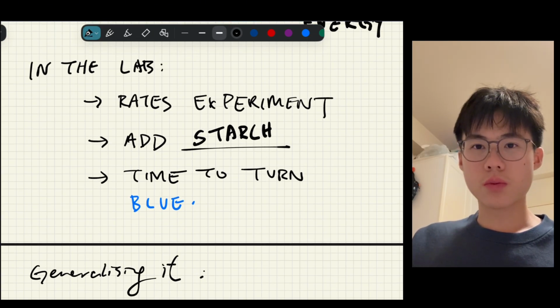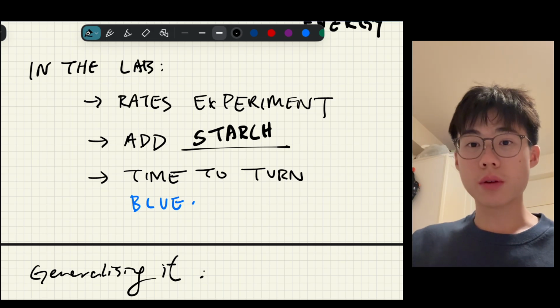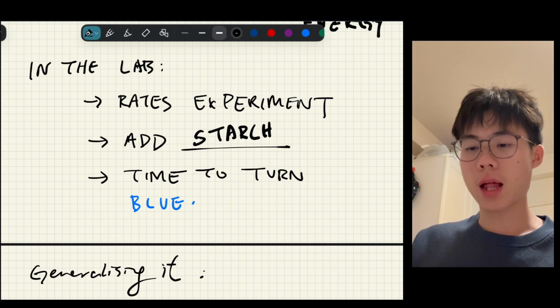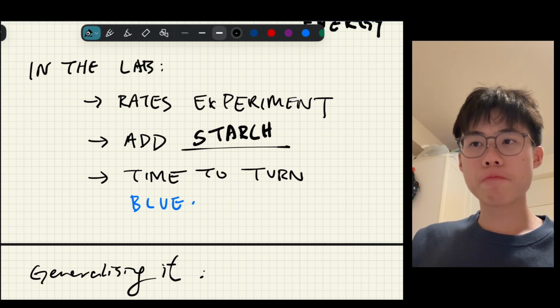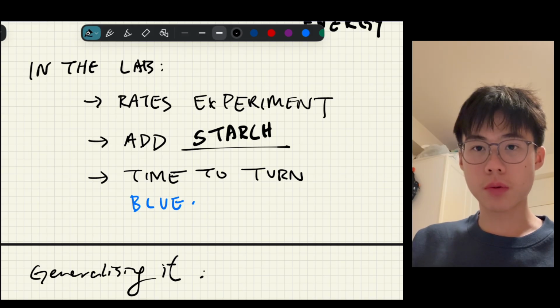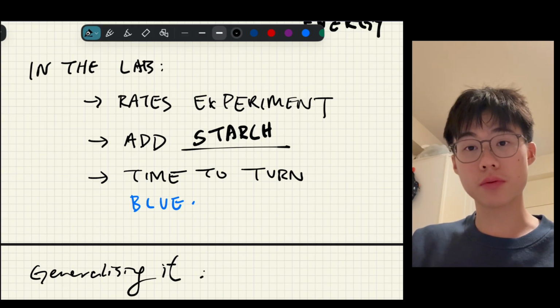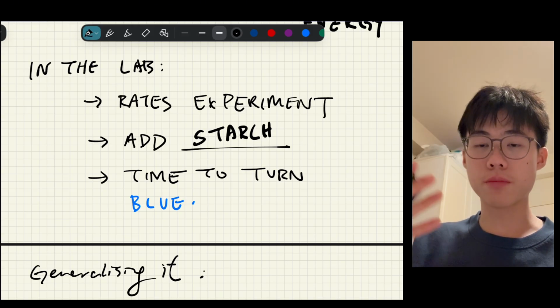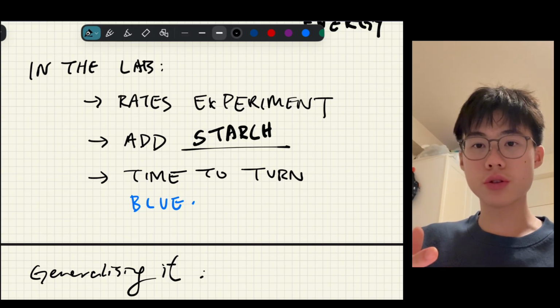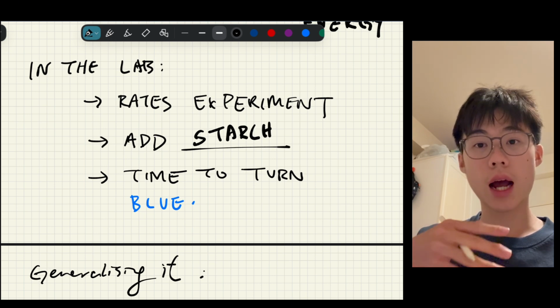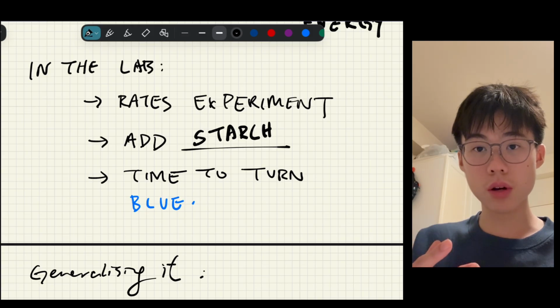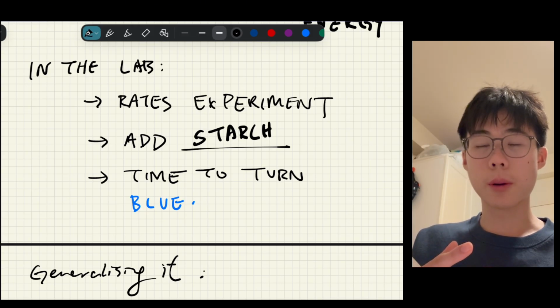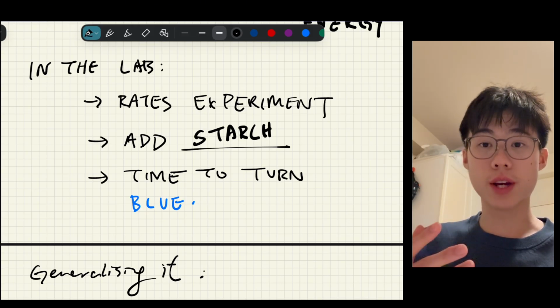This is what they usually do, just to give you a bit of context of this reaction. So obviously, if you compare when the independent variable is whether catalyst is added, for example, then the time taken for blue to appear would be shorter if the catalyst is added, because the activation energy will be lower, and therefore the rate of reaction would be faster.